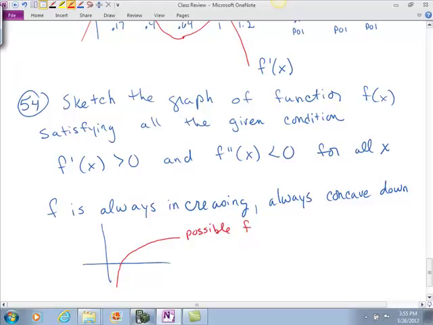A square root function would work also, except it does say for all x, and that's only true for x greater than 0. Well, that's an example. Do we have another?